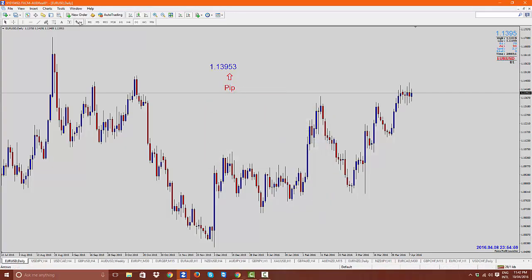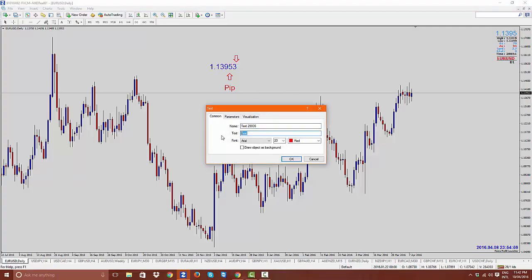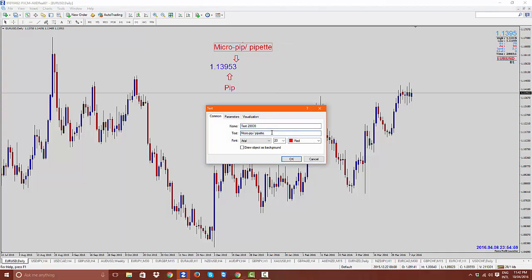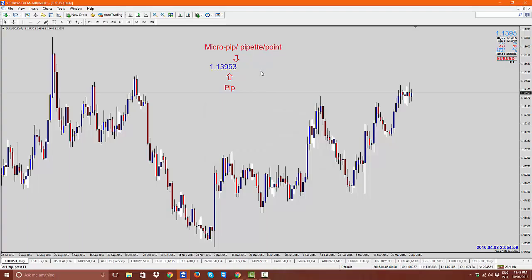And now the digit 3, this is your micro pip, or it's also called pipet, or whatever you want to call it, or it is just called a point. Let me add that as well. So when they say the market moved, say for example, if I say the market moved 3 points, that is this 3.